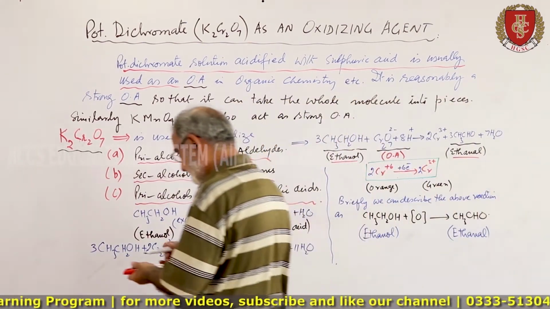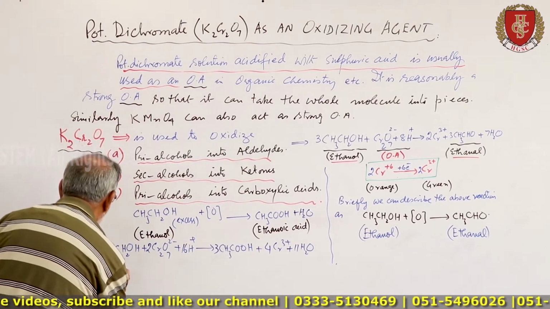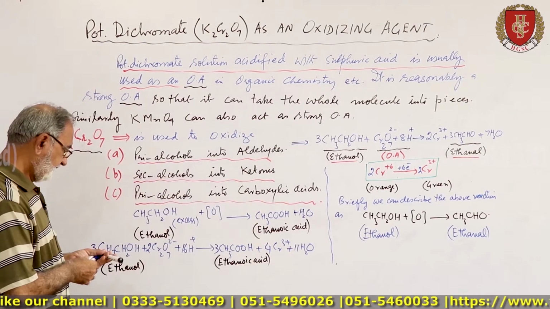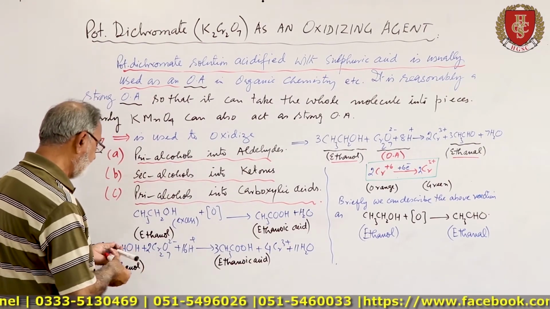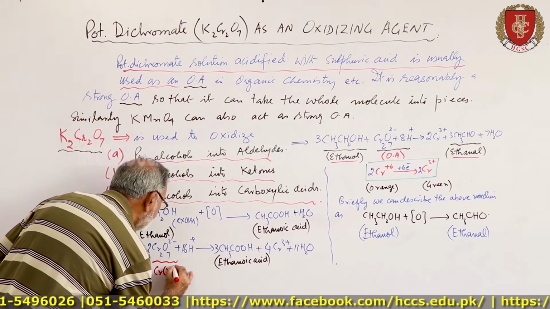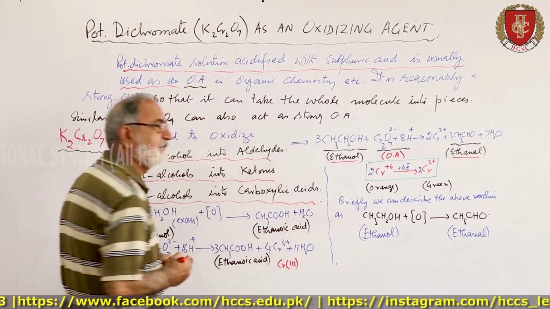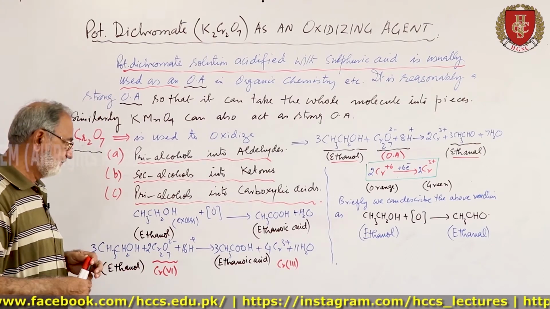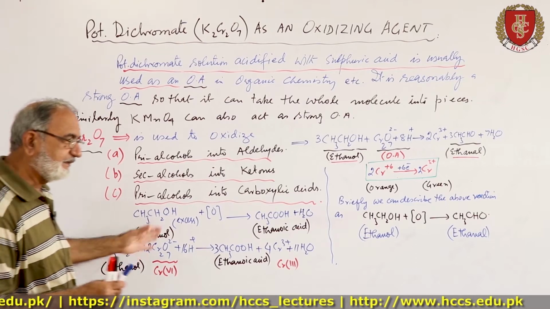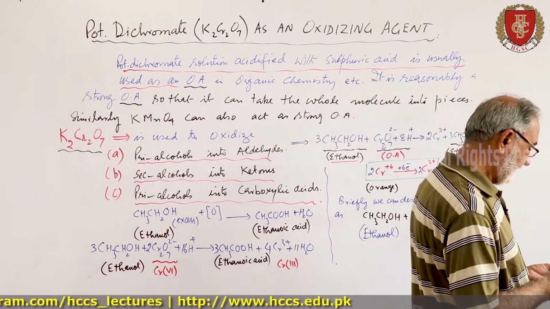Now this is again the whole oxidation, that is ethanol, and this is ethanoic acid. Again you can represent that this is chromium in 6 oxidation state, here it is chromium in 3 oxidation state. So this can also be represented in this way.